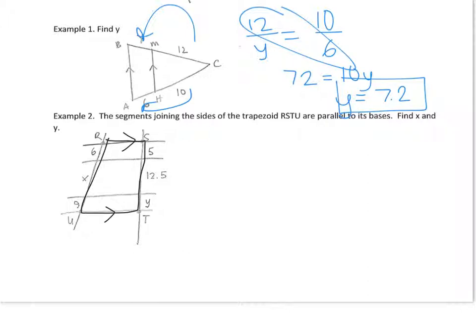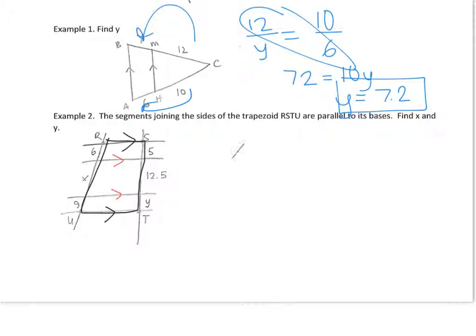So that means that these are parallel as well. So to solve for x, what I would do is, I don't want to do x is to 9 as 12.5 is to y, because I'll have 2 variables. So I'm just going to concentrate on these up here.